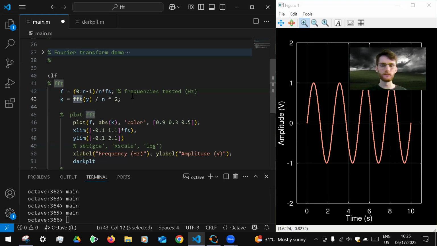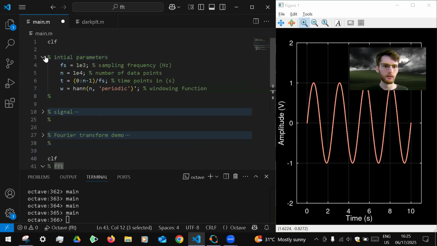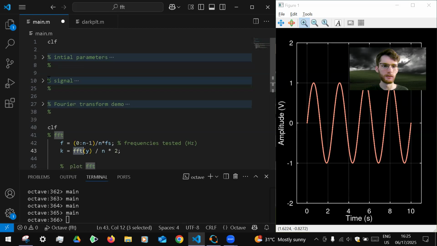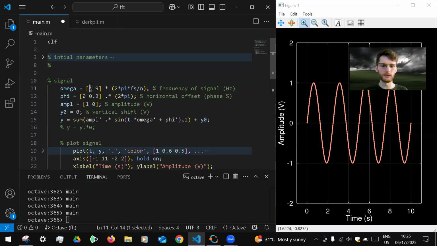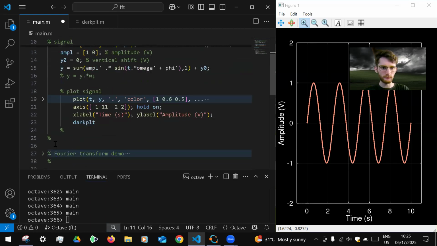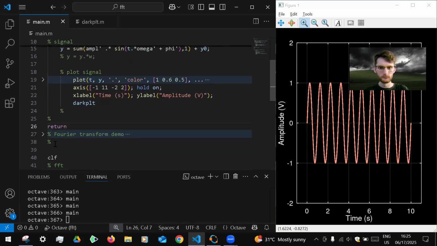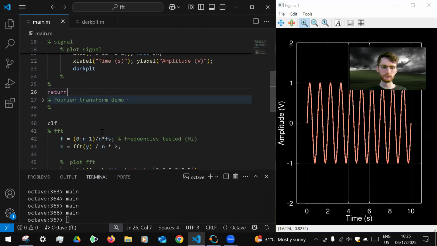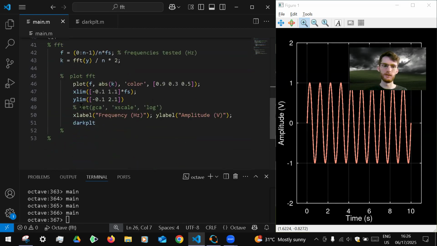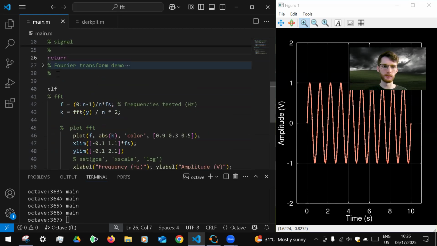And so let me start with my 1 hertz signal. So this is 1 hertz. Now I'm going to do the Fourier transform.